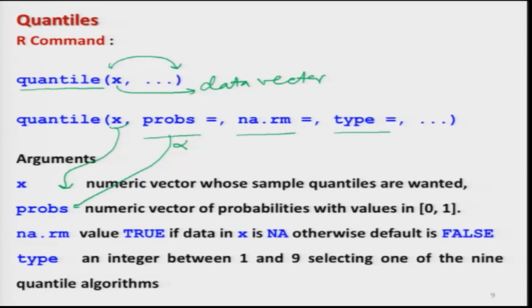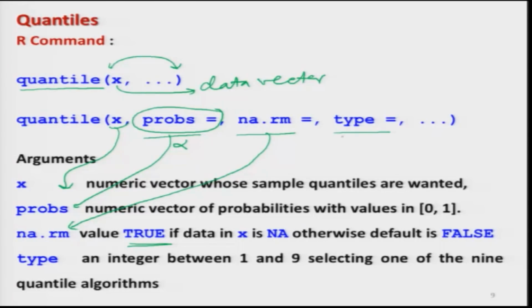So, by controlling the value of probs, we can generate different types of quantiles like quartiles, deciles, percentiles or something else. The third option is na.rm. If there are missing values in the data and I say na.rm is equal to TRUE, then the quantiles will be computed on the basis of the data that is available inside the vector x.